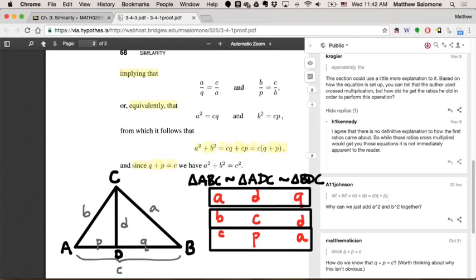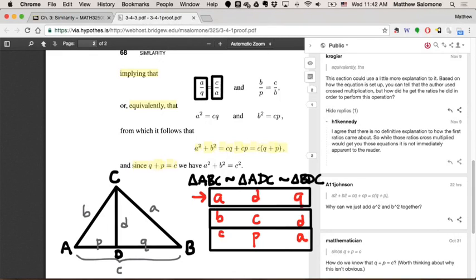And so now, any ratio that we might need to make, we can make just by dividing any 2 quantities from one of these rows, and it will equal the quotient of any 2 quantities from one of the other rows. So here where the author picks a over q, so that's picking a and q from the first row down here.